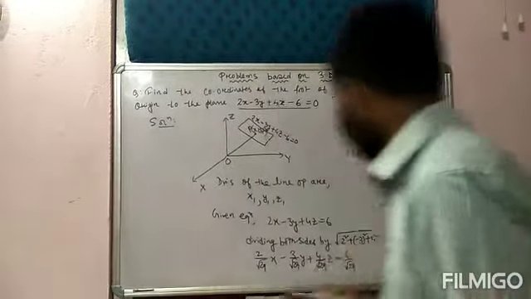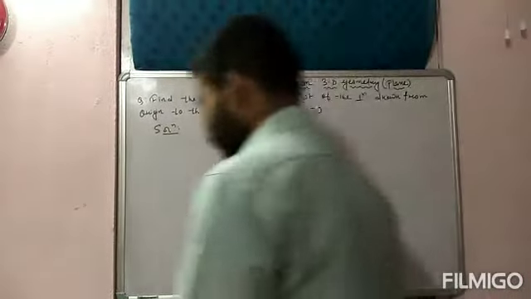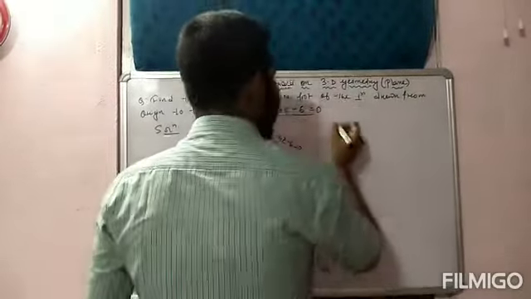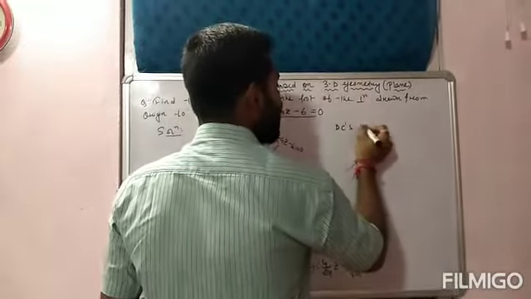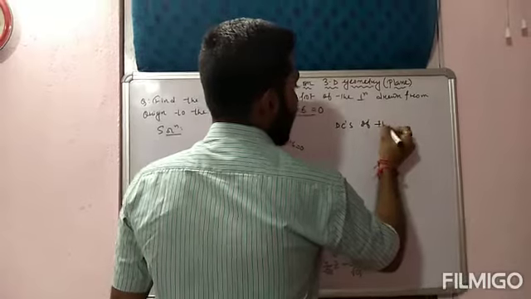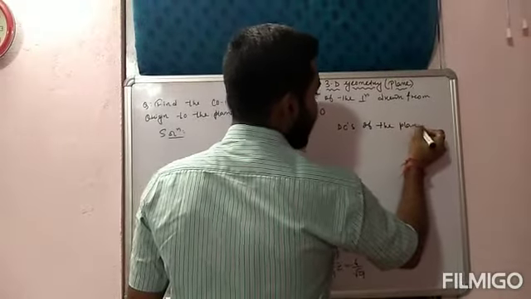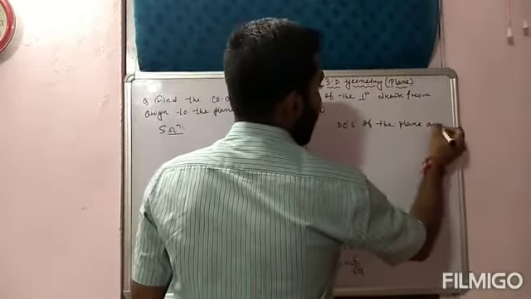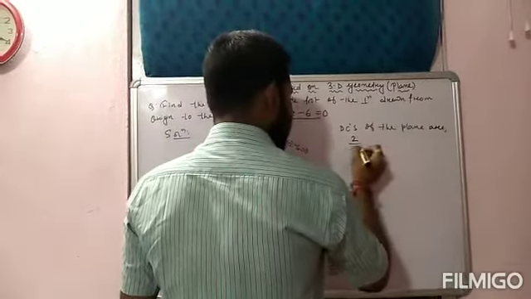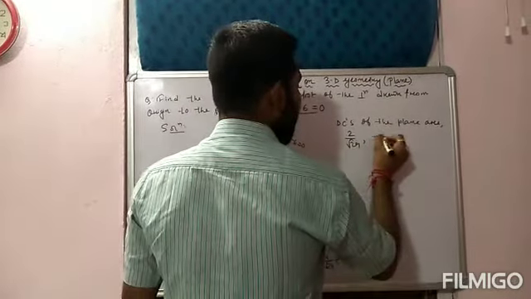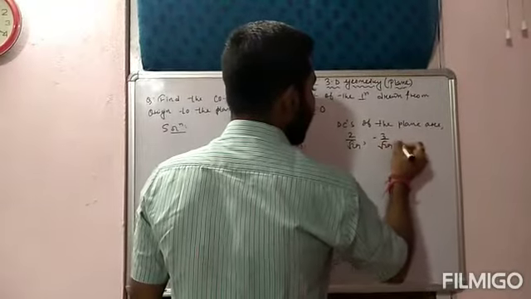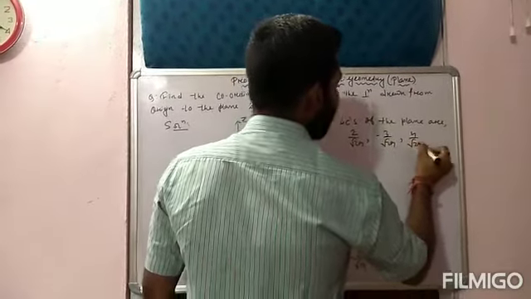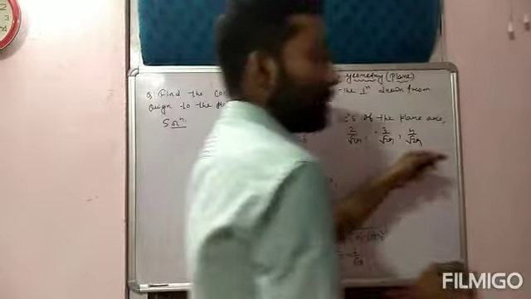So therefore we can say that the direction cosines of the given plane are 2 by root 29, minus 3 by root 29, 4 by root 29. That means ये हो गया LMN का वैल्यू.